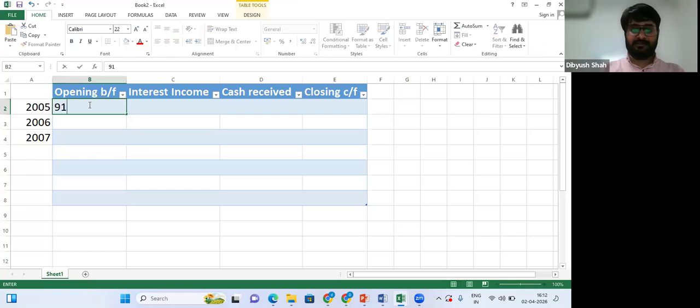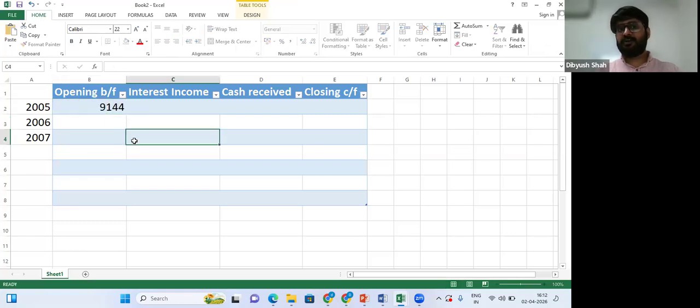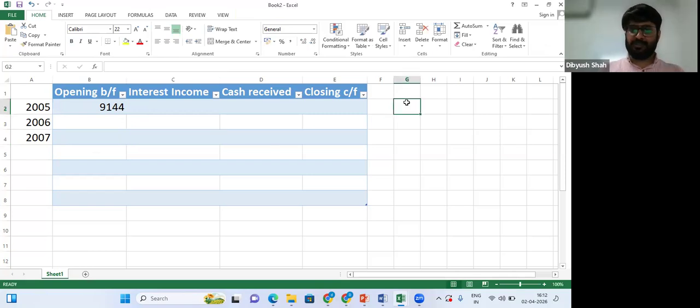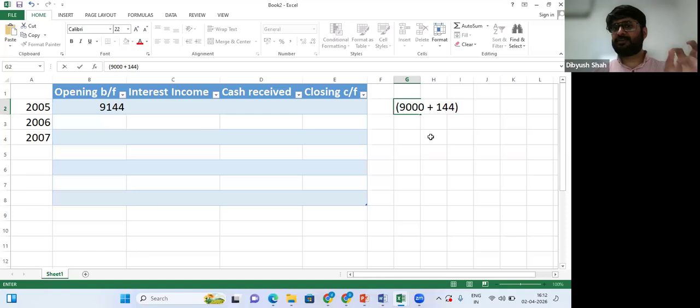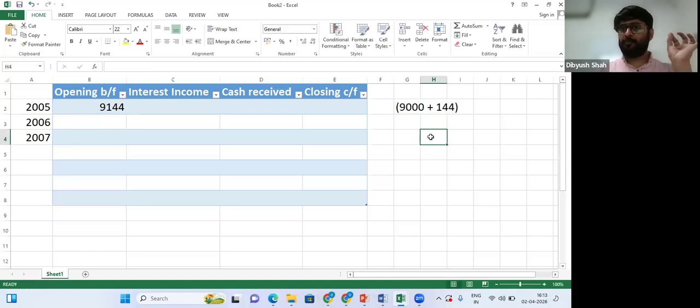So initially on 1st of January 2005, the entire transaction cost, that is 9,000, the purchase price, and 144, the transaction cost, both will be reported in the opening carrying value, that is, capitalized and taken to the balance sheet.